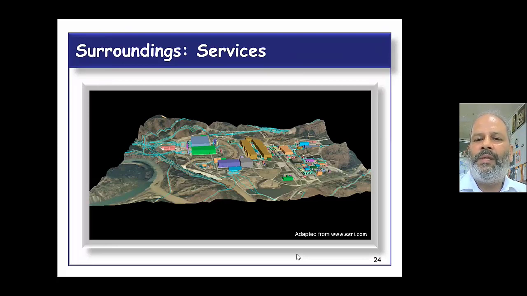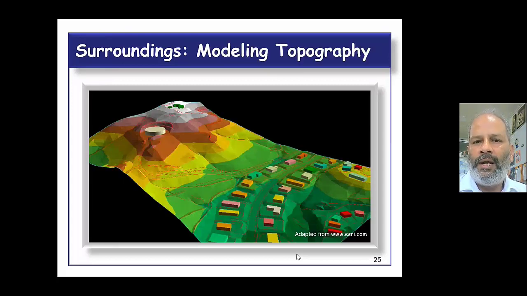Now here the services, which may be the overhead electrical lines or water supply lines or sewage lines. So now this is actually the simple model of the surroundings, which includes topography, which includes existing facilities and utilities. Another view shows how that supply is to be given from a water tank, which is located on the top of a hill, to the different houses or different plots.